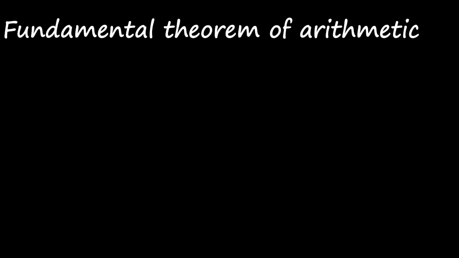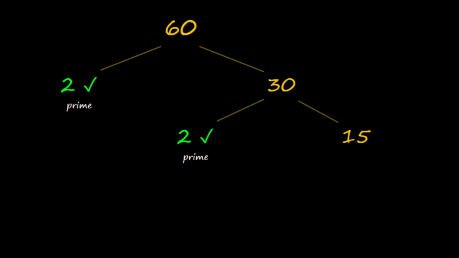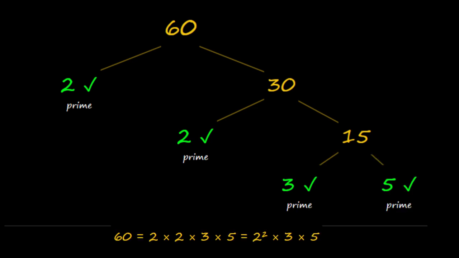Let me show you with an example. Let's take the number 60. 60 equals 2 times 30. 30 equals 2 times 15. 15 equals 3 times 5. So 60 equals 2 times 2 times 3 times 5. We can also write this as 2 squared times 3 times 5.